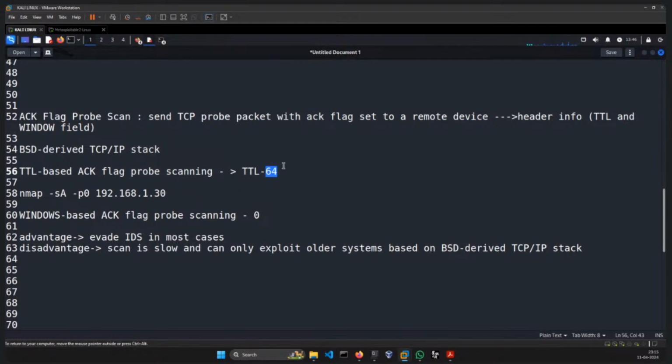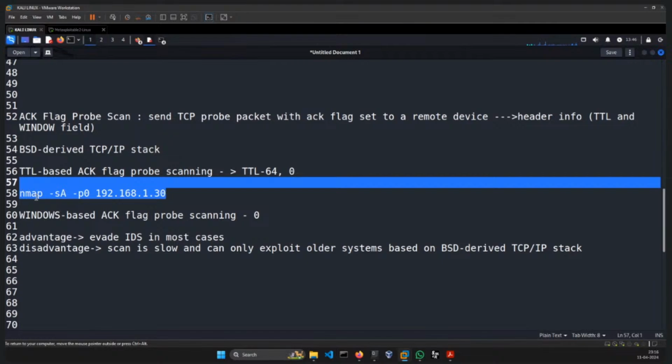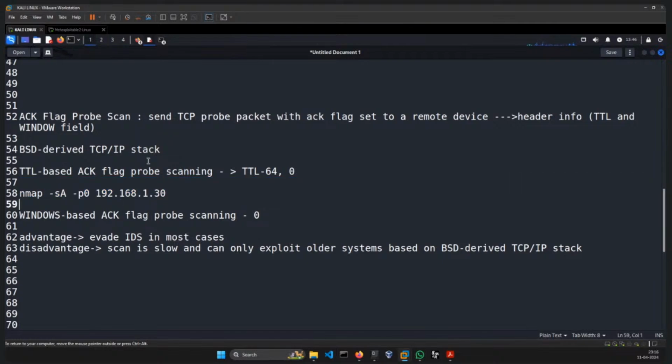And another method, in certain cases, if the TTL for every single response is 64, or every single one of them shows 0 or 64, in that case you can use this window based ACK flag probe scanning. This one also has the same command only.